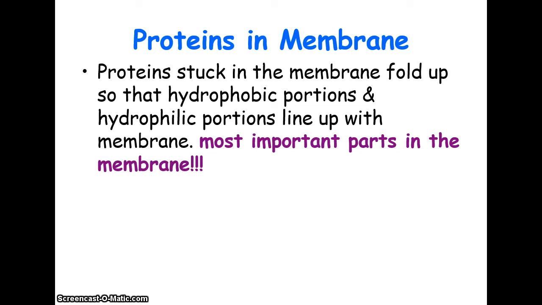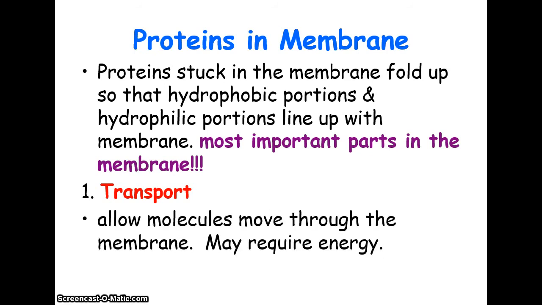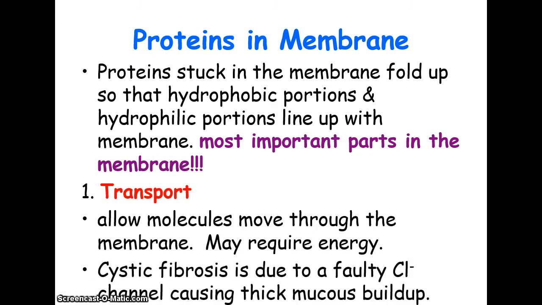Really, what's getting selected are things that can pass through, for the most part, the proteins. So the proteins are going to determine what the job of that particular cell is. They are the most important parts. They fold up so that the hydrophobic and hydrophilic portions align with the membrane. And here we are, our first one is transport. So transport is what basically takes molecules in and out.